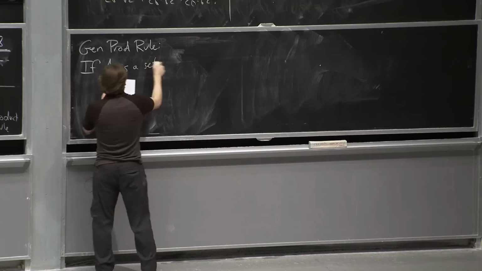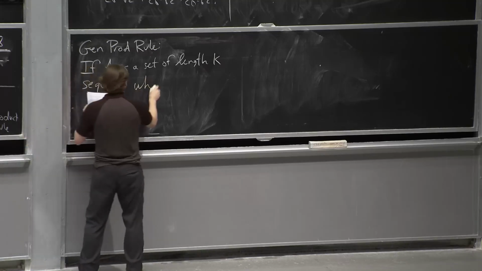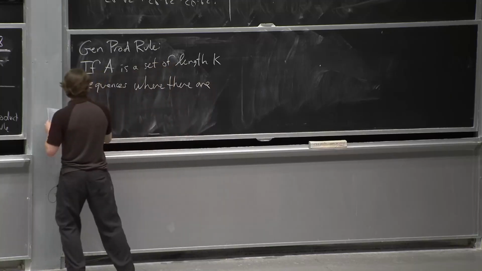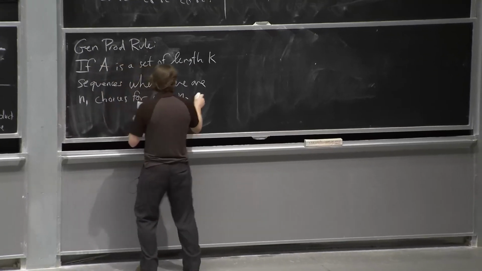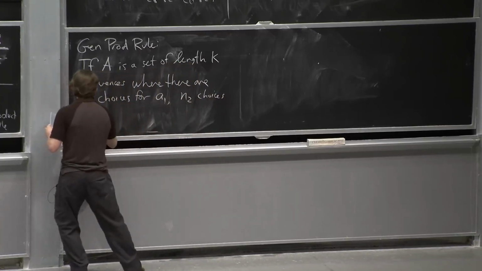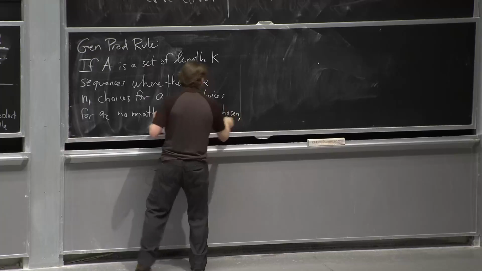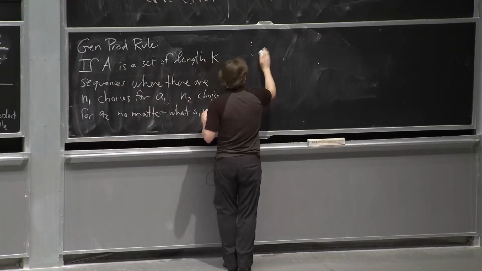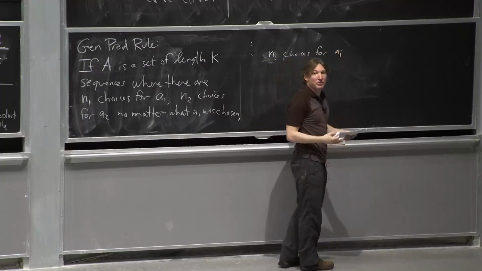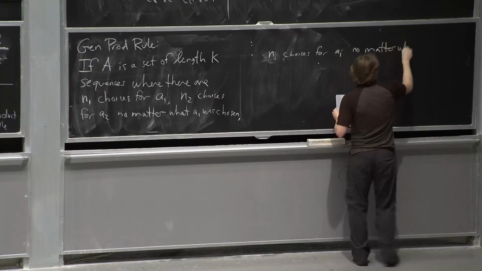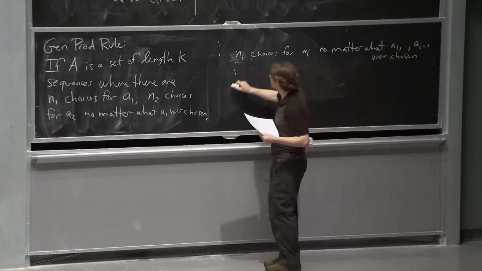If A is a set of length k sequences, where there are n1 choices for the first entry, A1, n2 choices for A2, no matter what A1 was chosen, etc. Exactly ni choices for Ai, for the ith entry in our sequence, no matter what A1 through Ai minus 1 were chosen, and all the way down to nk at the end.